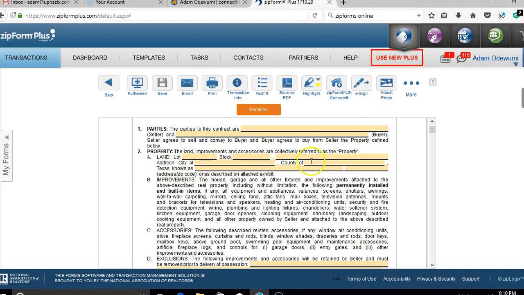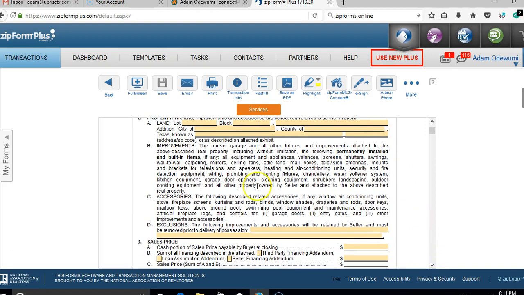It says city here, county here, and also known as. Known as is the common address, but lot, block, and this other information is what's called the legal address of the property. You get that from the county property search websites, as well as the MLS sometimes.